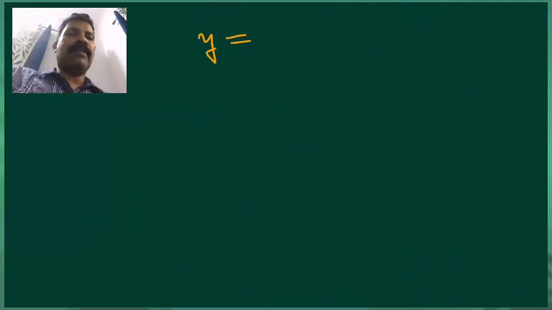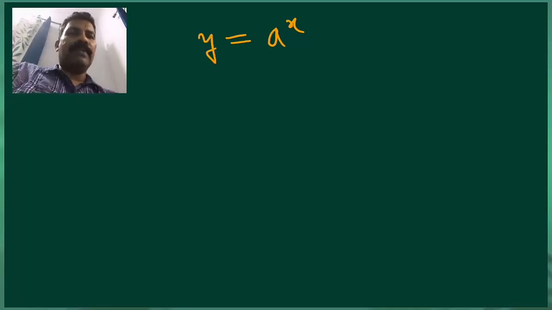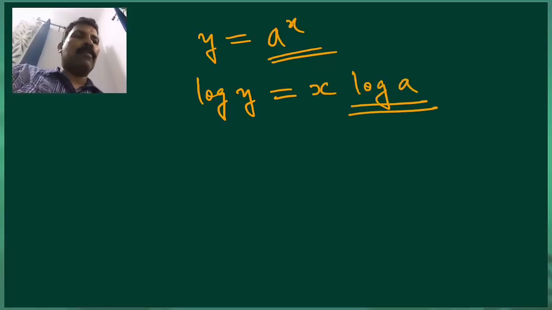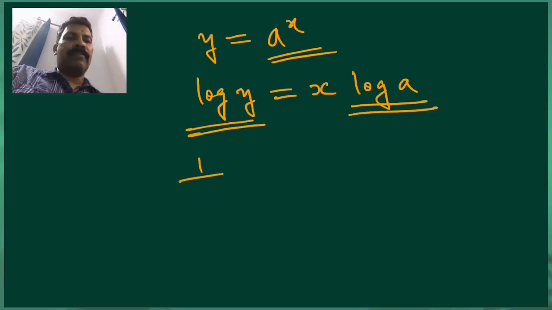Now find the derivative of the function given by y is equal to say a power x, where a is a positive constant. Then we can find first of all the logarithm, that is log y is equal to, when we take log on the right hand side, what will happen? That will be x log a, where log a will be a constant. Now how to find the derivative? Since it is y, we have to write first of all log y with respect to y, that is 1 by y.